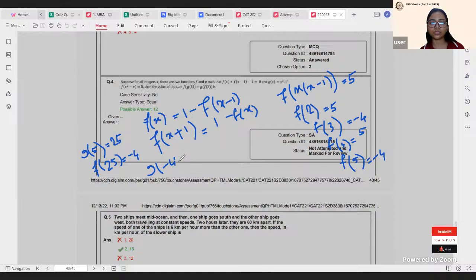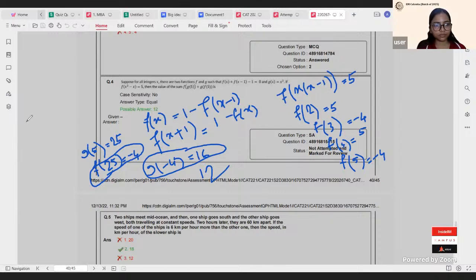If we add these two, it will come around to be 16 minus 4, which is 12. That is the answer. Any clarifications or anything?